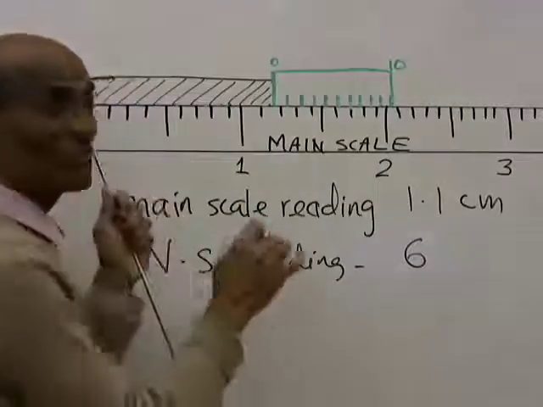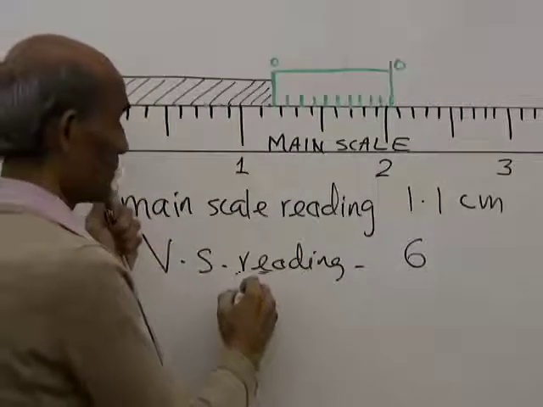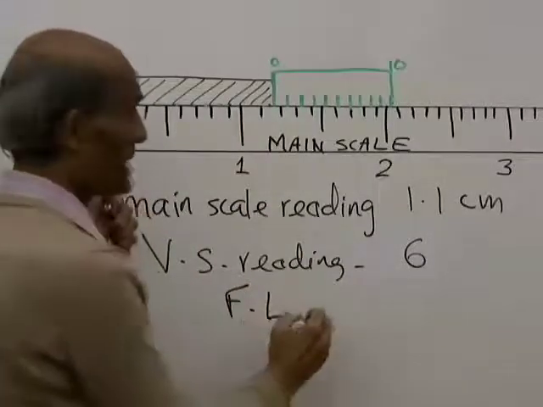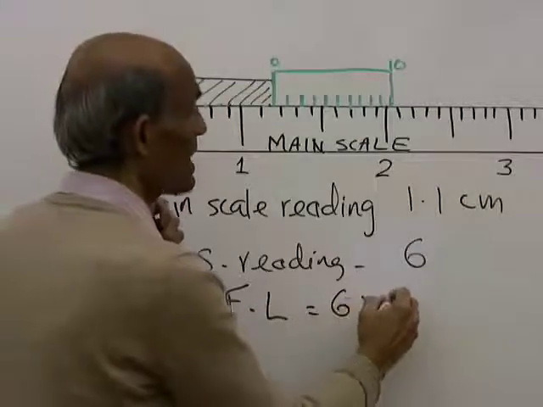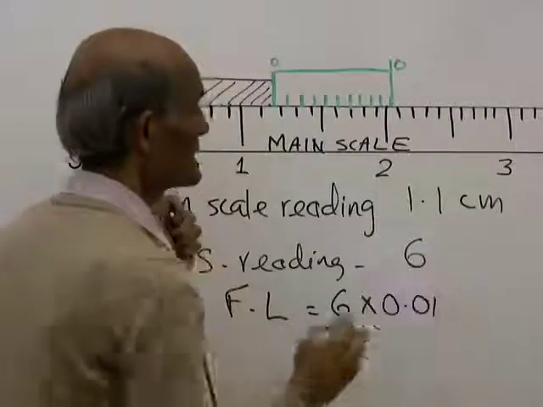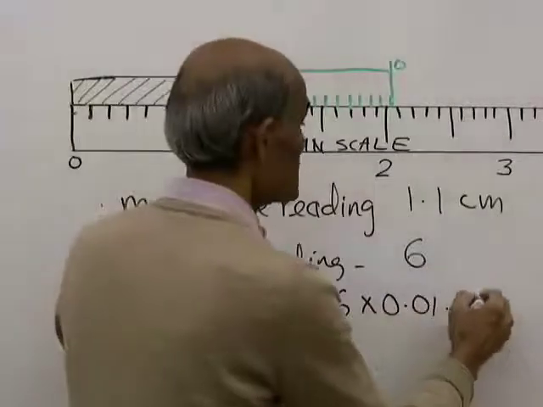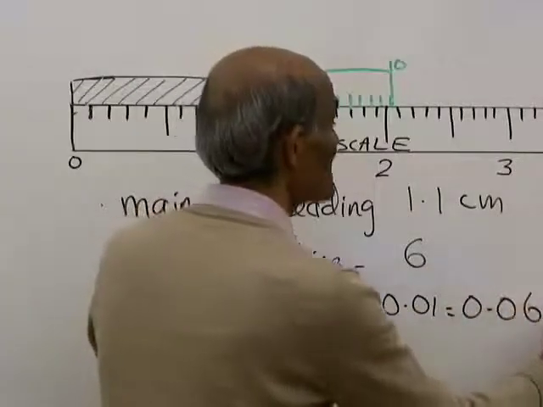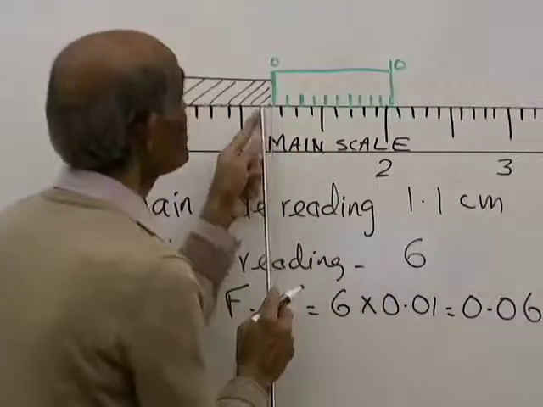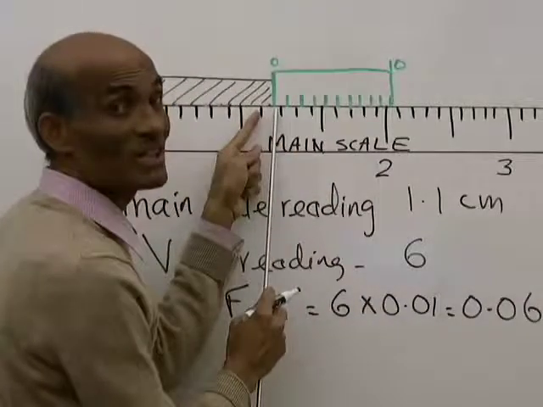I'm going to call it the fractional length. The fractional length is therefore 6 times the least count. The least count is 0.01 centimeter. That is 0.06 centimeter. So this distance is 0.06 centimeter.